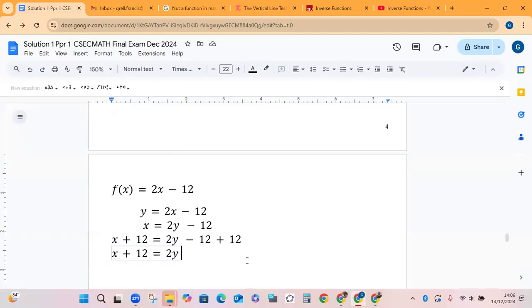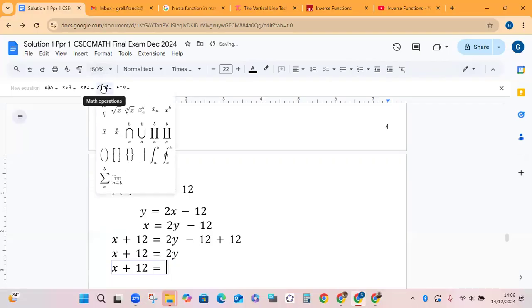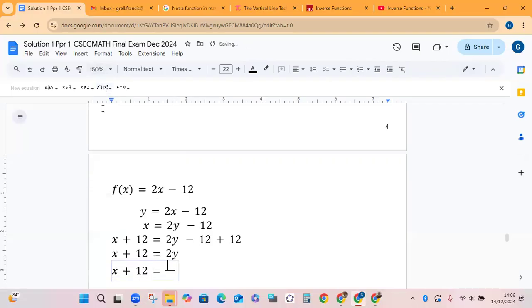Now we come to the 2. To cancel out the 2, we have to divide by 2 because 2 is multiplying. And to cancel out a multiply, we have to divide. So let's do this an up and down way. 2y on top and 2 below. And let's do the same on the left side.